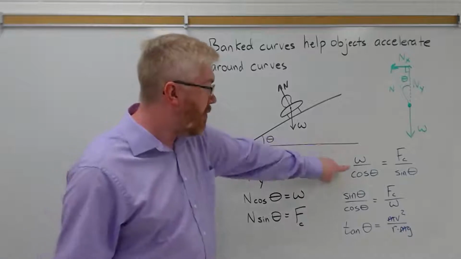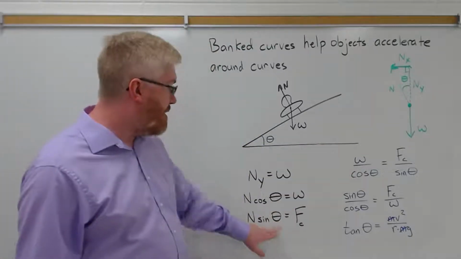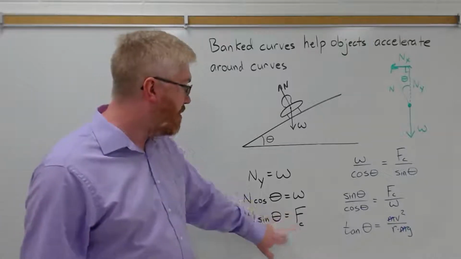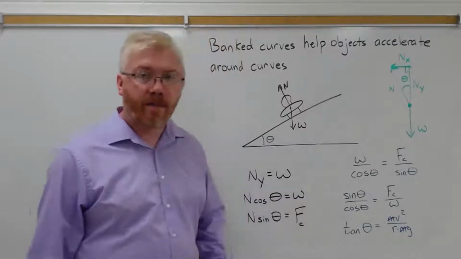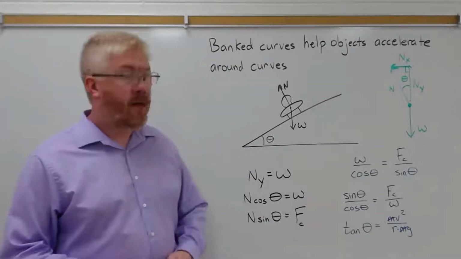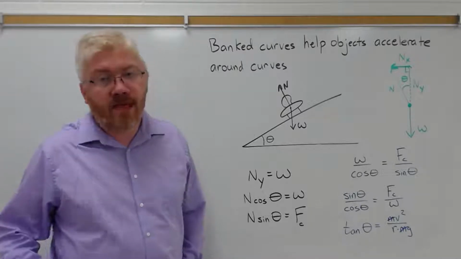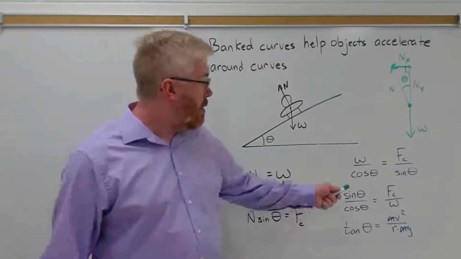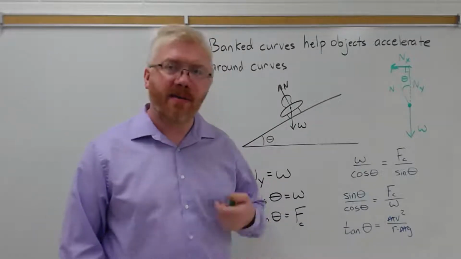So I get the weight over cosine theta, that's n. For the second one, I divide both sides by sine theta. So I get the centripetal force over sine theta, that's equal to n. So those are equal to each other. N disappears. We don't need to know what the normal force is in order to find out what the ideal angle is. That's good. Well, I have theta here twice, and I don't want theta twice. I just want to be able to solve for theta.